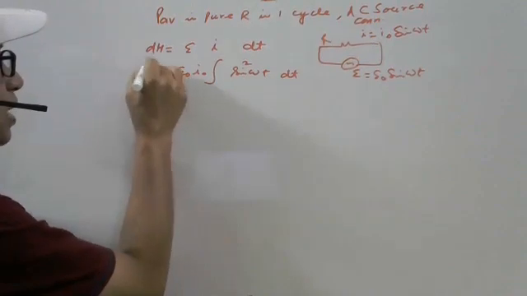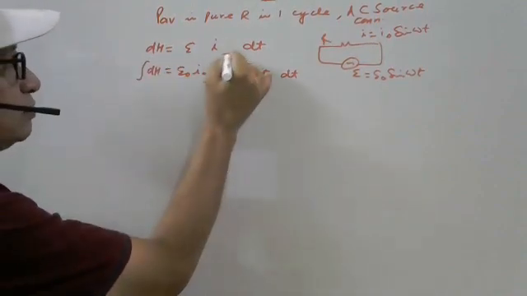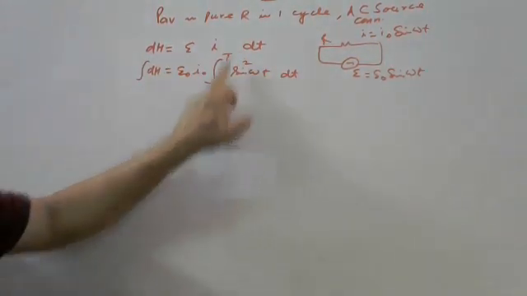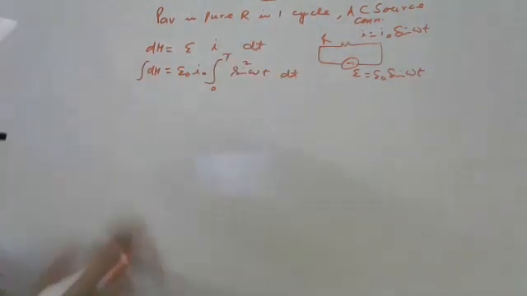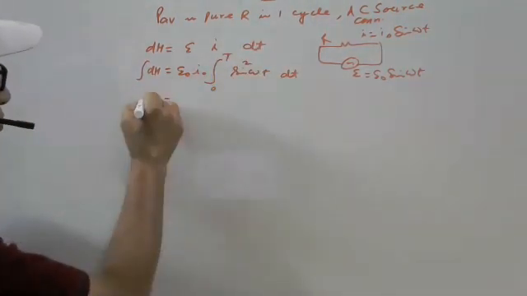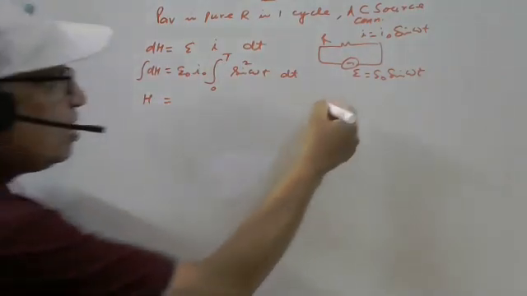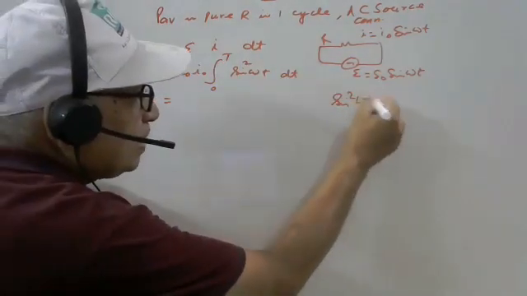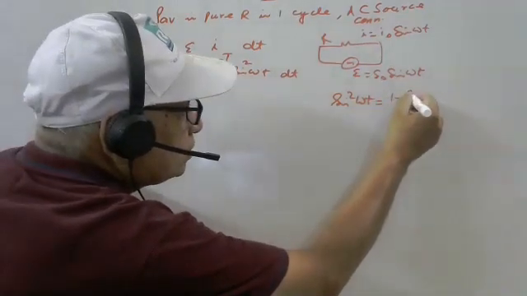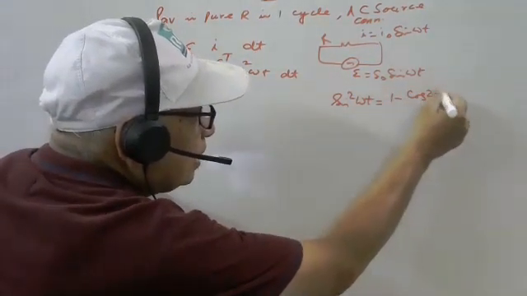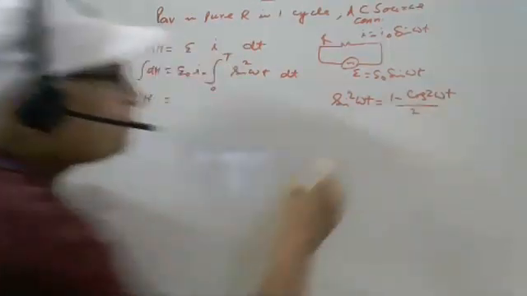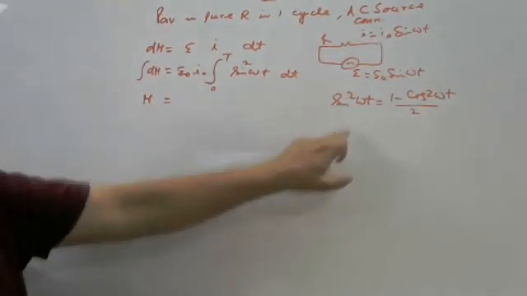For total heat, we are going to integrate from 0 to t in one cycle. So we have to replace this sin square omega t. Sin square omega t can be replaced as 1 minus cos 2 omega t upon 2 by half angle formula.